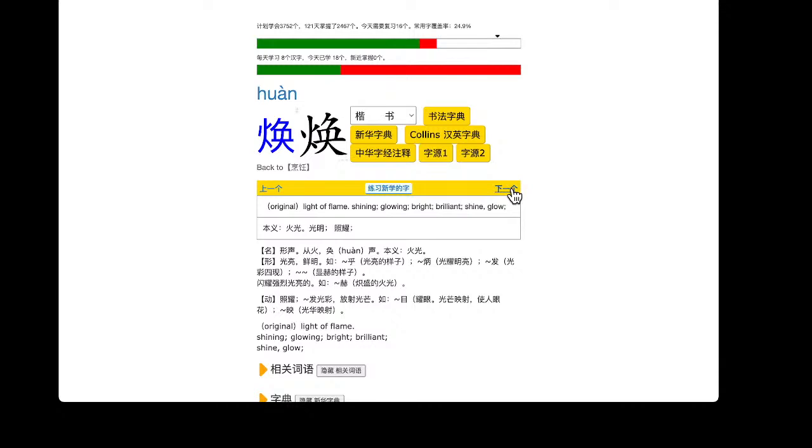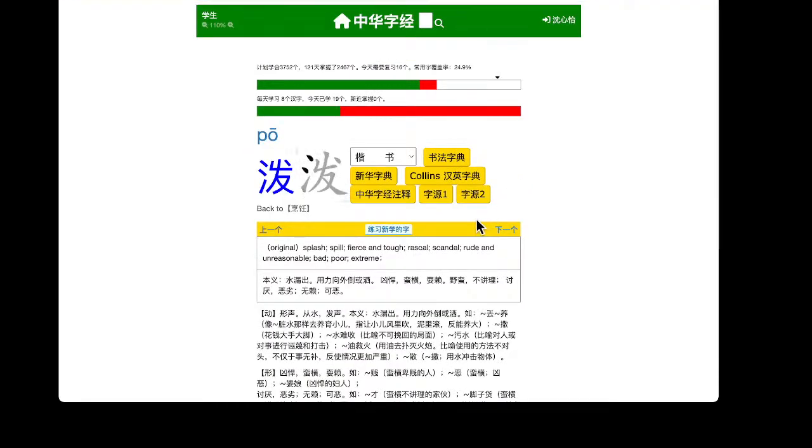Next one. 泼. 泼 is splash, spill, and not just gently. It's fierce. It's using a lot of force to spill or splash water. It's called 泼 because of that large force.